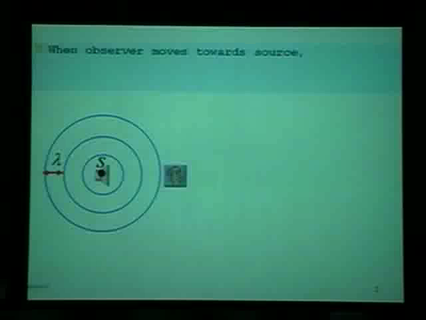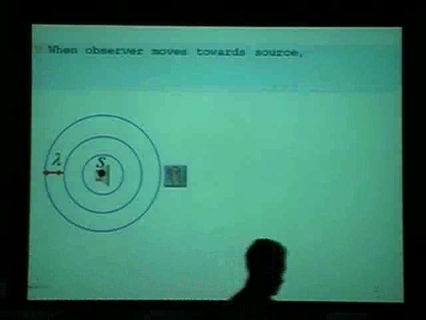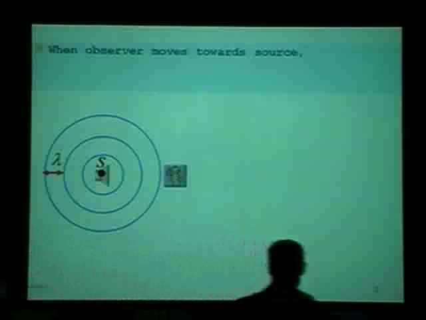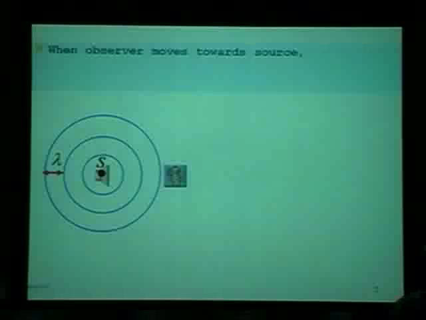How might this work? Let's think about this. Let's assume I've got a source here. Actually, I'll put the source over here, just like my diagram. Let's say it's putting out waves. These waves are coming towards me, and the waves are hitting my eardrum, making my eardrum move back and forth.